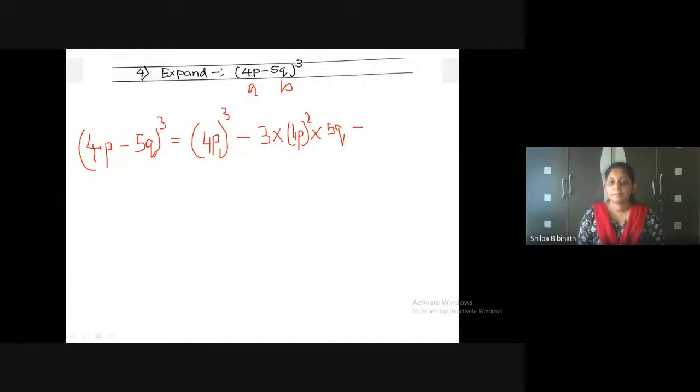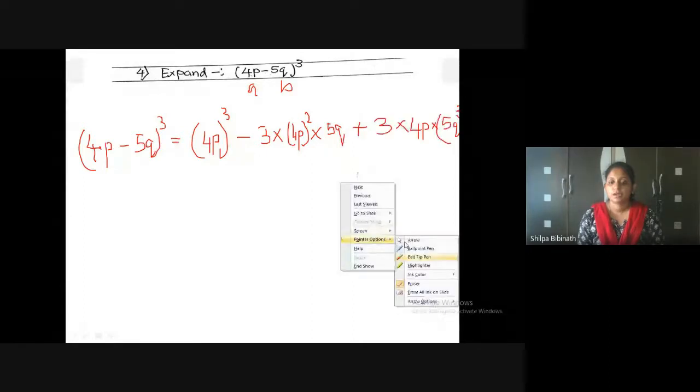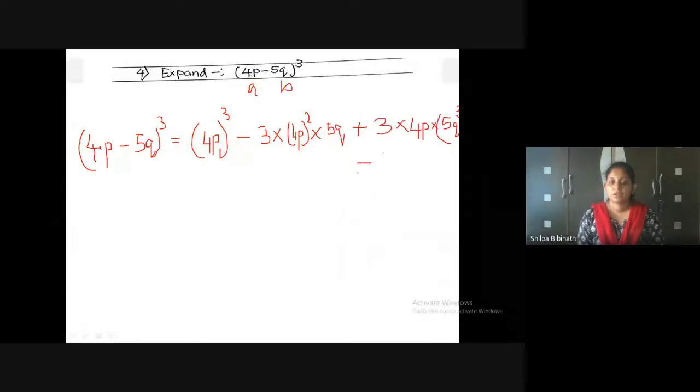Then plus. At the center it won't change. It will be minus, which is b here, 5q. So 5q the whole cube it is.